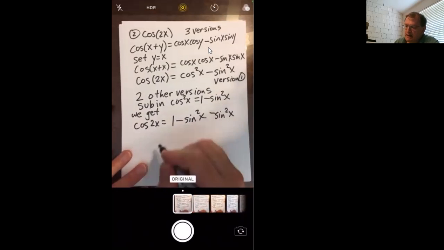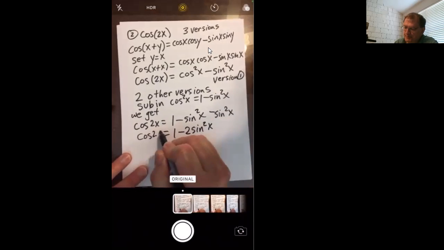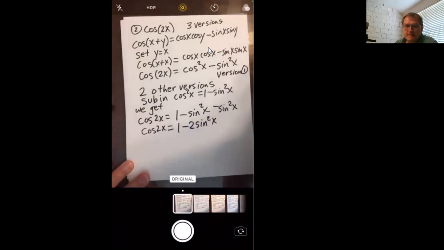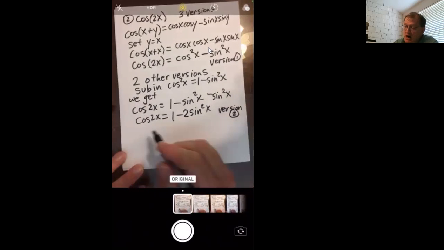These 2 are alike. You get 1 minus 2 sine squared. Call it version 2. I don't know if I'm doing the exact order the book does them, but I'll point these out in the book.